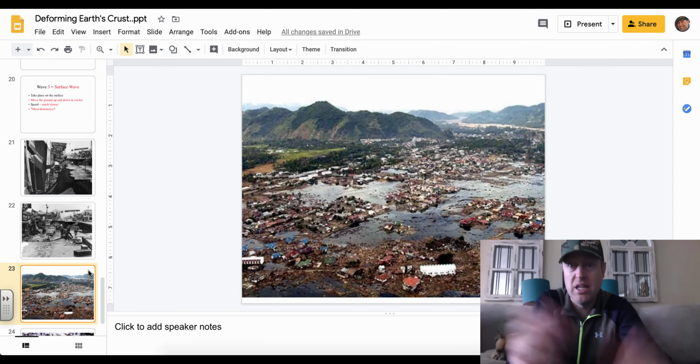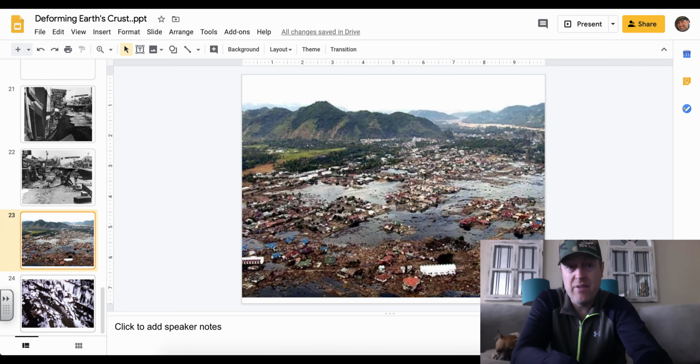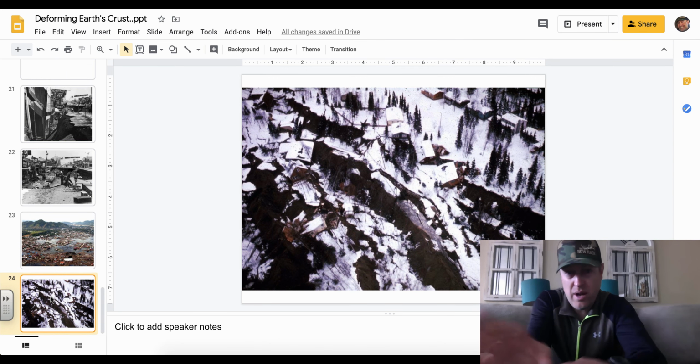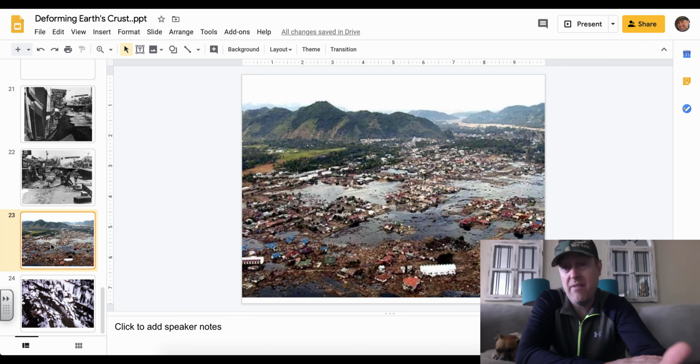Look at the ground completely fractured, and that's someone's house totally on the side. But there was also a tsunami that followed that, and our last unit is going to be on tsunamis, so we'll talk about that in a later video.